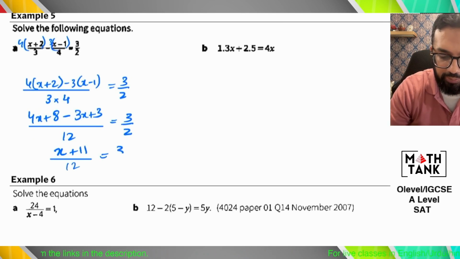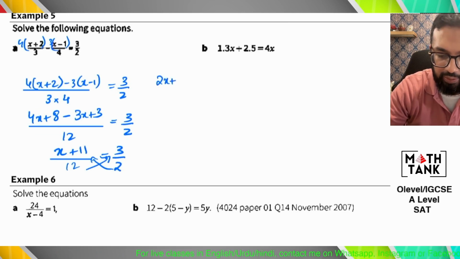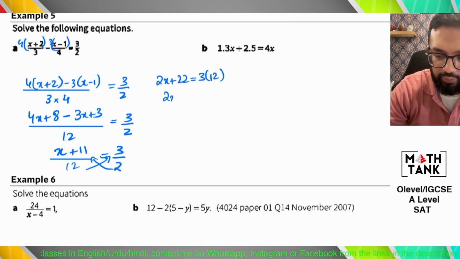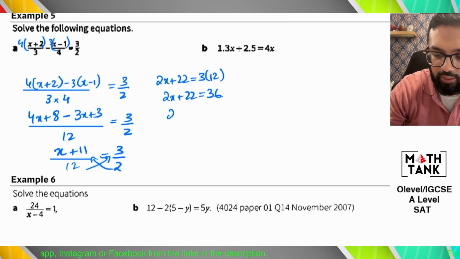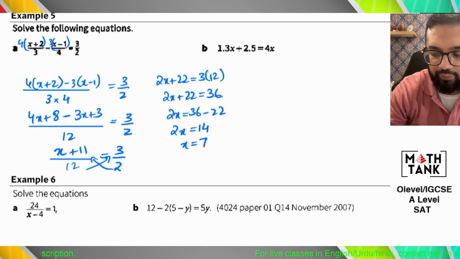Then I cross multiply. So when I cross multiply, I get 2x plus 22 equals 3 into 12. So 2x plus 22 equals 36. 2x equals 36 minus 22. So 2x equals 14. x equals 7.